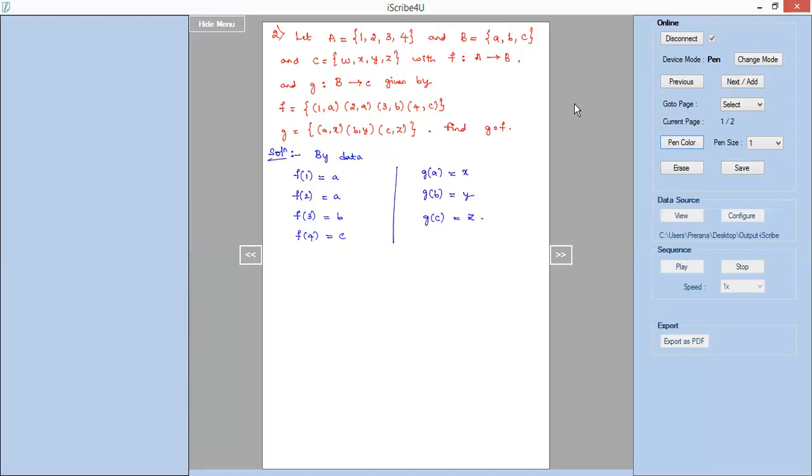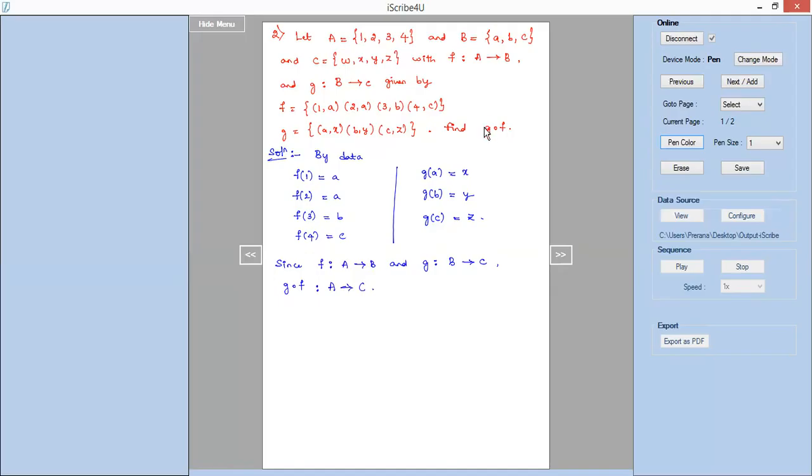So we have analyzed this from the data and written it. Now, since f is a function from A to B, and g is a function from B to C, g composition f will be a function from A to C. This is from the definition of composition of functions.